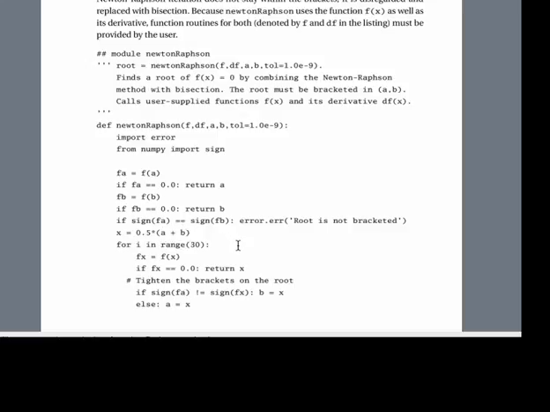If the sign is the same for both A and B, we're going to conclude that the root is not bracketed, just like we started bisection. We want to guarantee absolutely that there has to be a root in there. That will be what we mean by bracketed. So we'll assume that, for this to continue on, the signs must be different between f of A and f of B. One's positive and one is negative.